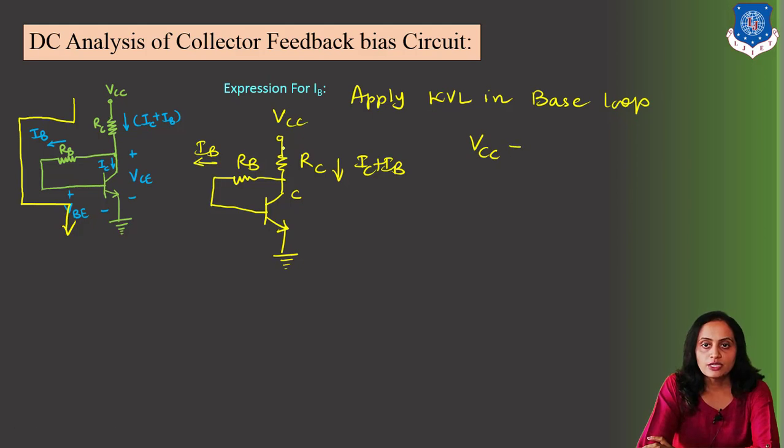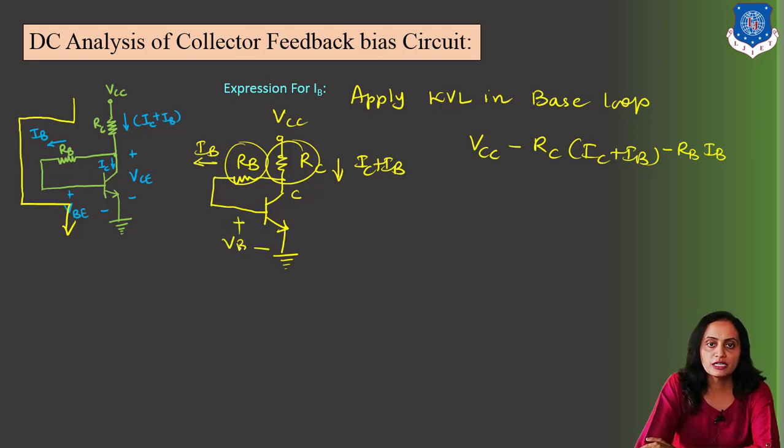That is VCC minus the drop across RC, that is RC into (IC plus IB), minus the drop across RB, that is minus RB into IB, and we consider the drop across the base to emitter junction, that is minus VBE, equal to 0.